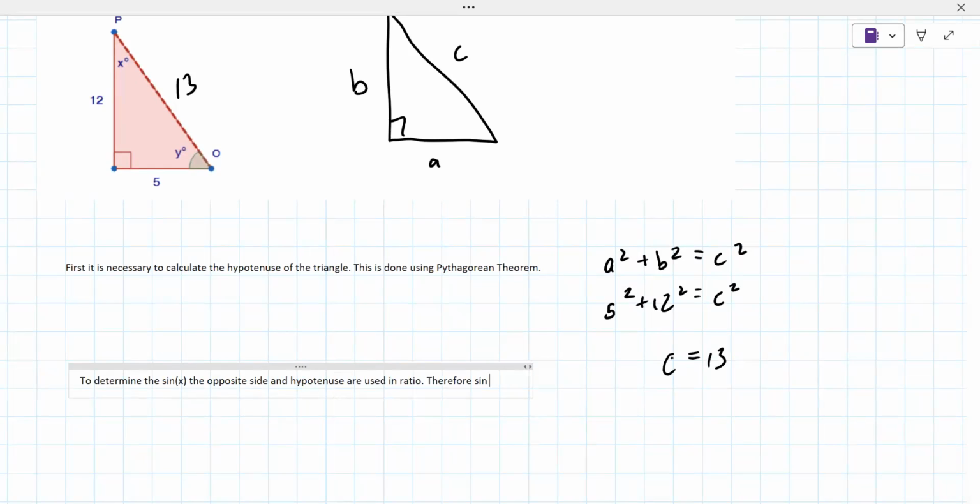Therefore, sine x equals 5/13, and no reducing is possible. Similarly, and this is where you basically just copy and paste.